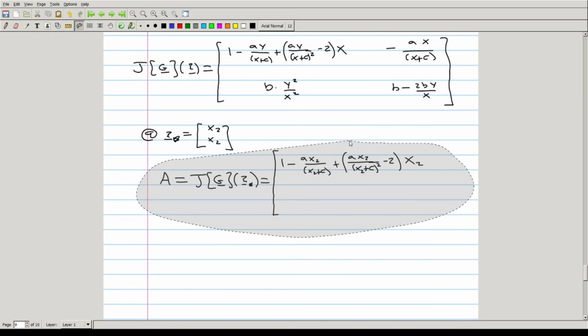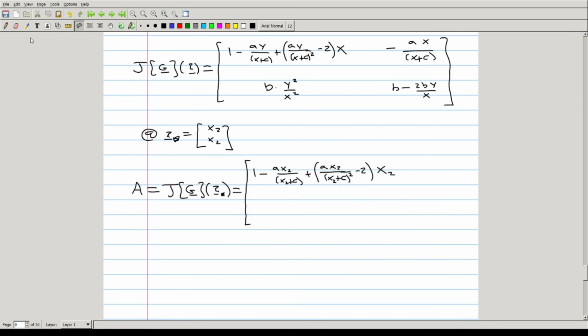The y partial derivative of g1 at x2, this term, becomes negative ax2 over x2 plus c, and this term simplifies a lot because when x equals x2, y equals x2, this is just 1, and this term, y equals x, also simplifies to just being negative b.